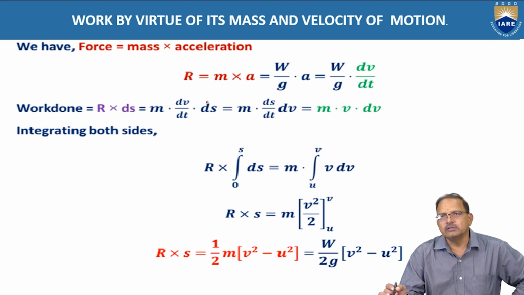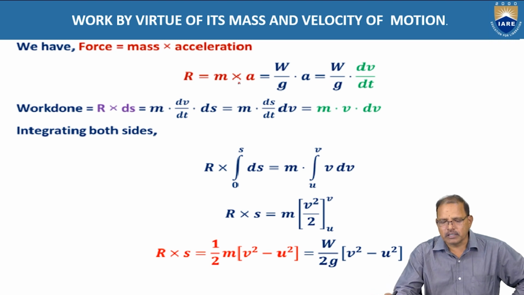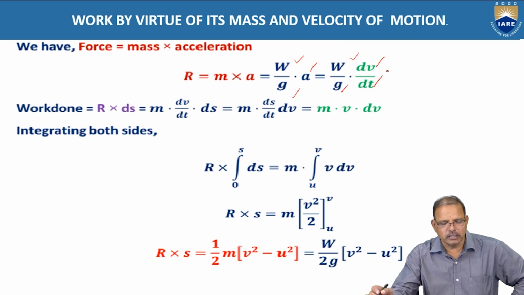Then R, that is the resultant of all the forces, is equal to m into a, because m is the mass of the body and a is the acceleration with which the body is moving. But m is replaced by w by g, so R is w by g into a, or w by g into dv by dt now.